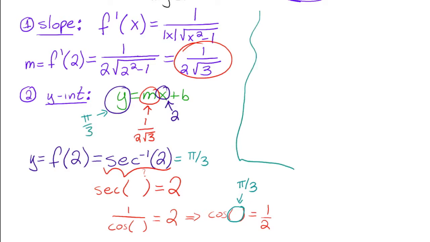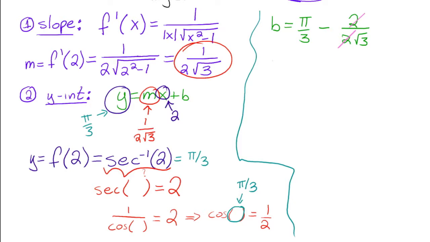Okay, so let me break this up. Then what I have is that b is equal to pi over 3, and then minus these two guys. I'm going to move them over to the left side. So this is going to be minus 2 over 2 root 3. I can simplify this a little bit, just get rid of those 2's.